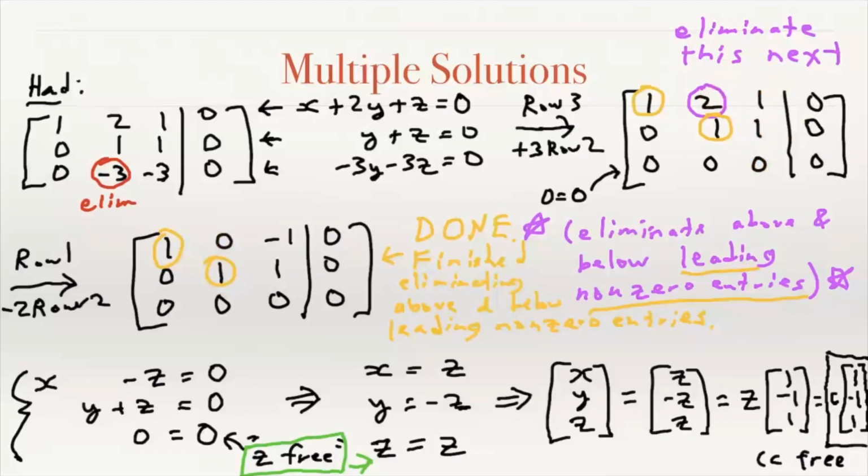And at this point, once we have eliminated above and below all leading non-zero entries, then we write out the system, move the free variable to the other side, and write it as being equal to itself. Then we stick brackets around both sides and pull out the free variable. We often rename the free variable to some other letter, just as a matter of custom, and we have our general solution.